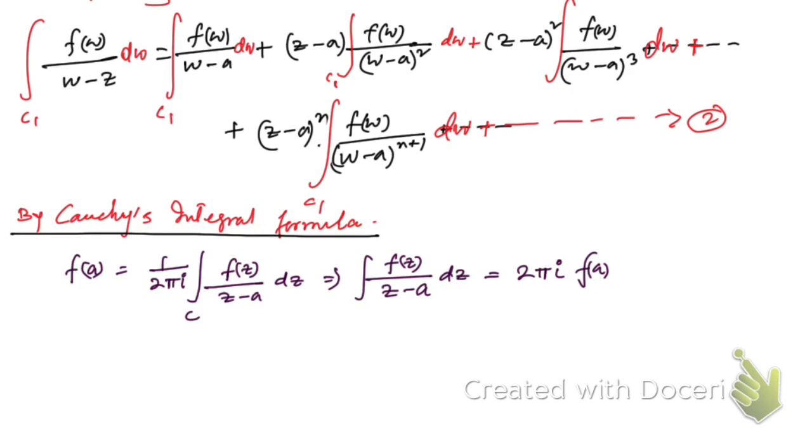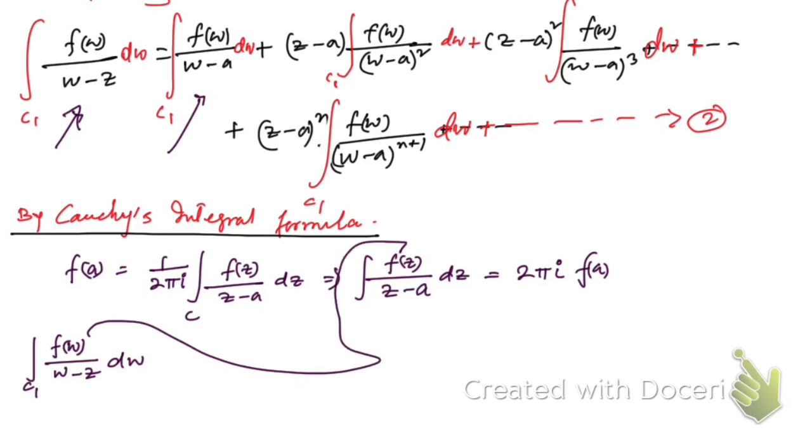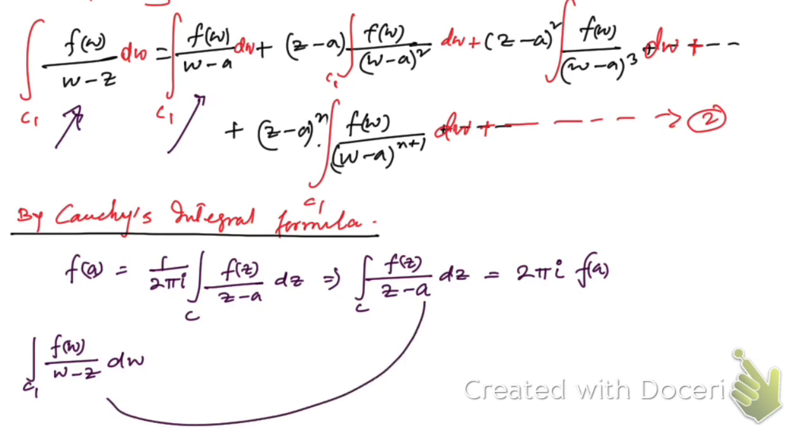So here you see, now if you apply these two in this term and this term, then what we're gonna have? Integration along c1, f of w by w minus z dw. Here compare dw with dz, f of w with f of z, and c is compared to c1, then a will be compared to z.